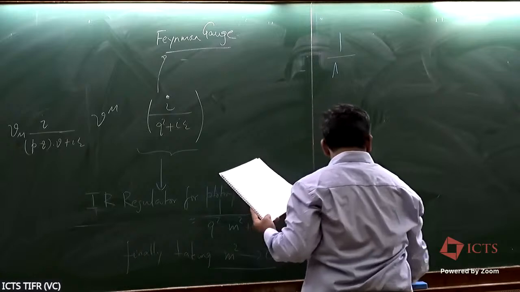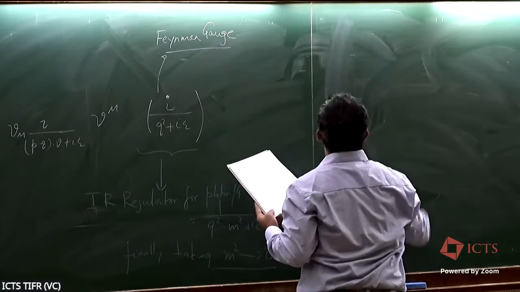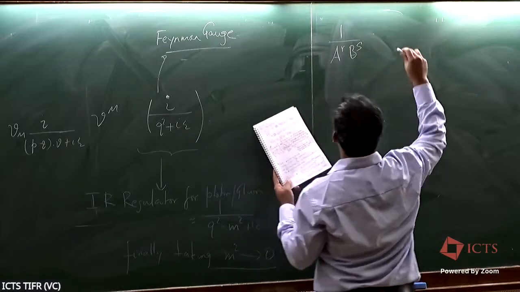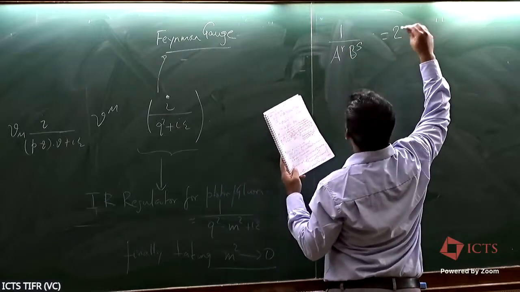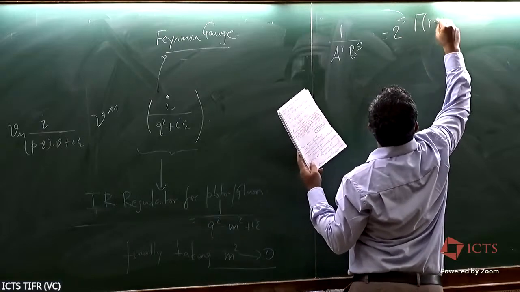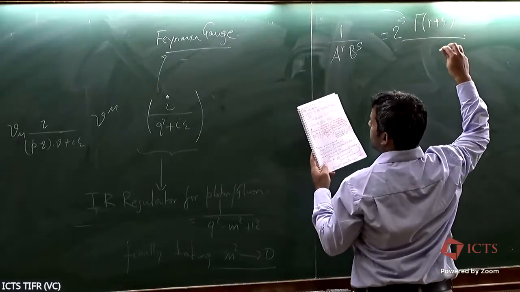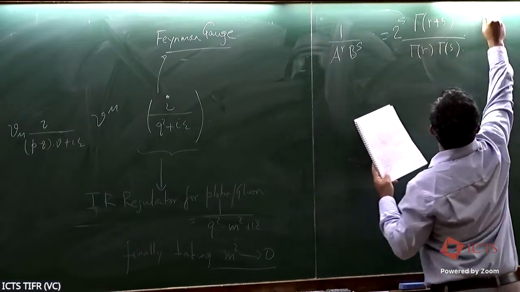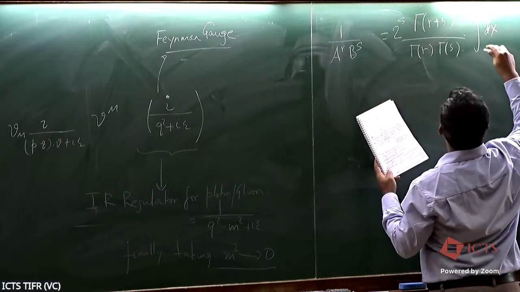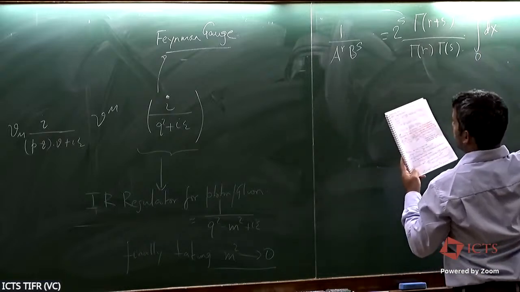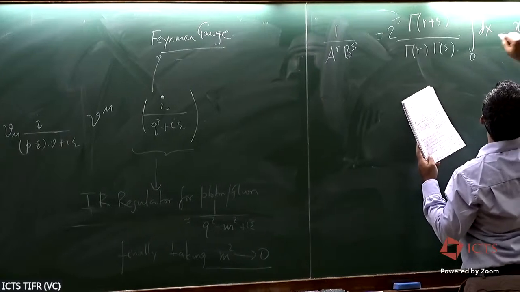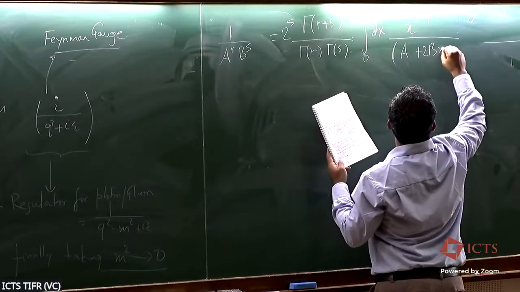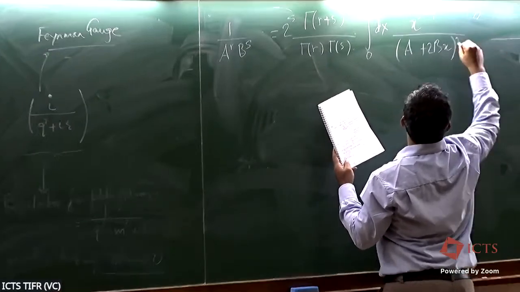So you use the relation that 1 by A^r B^s equals 2^s Gamma(r plus s) divided by Gamma(r) Gamma(s), the integral dx from 0 to infinity, of x^(s minus 1) divided by (A plus 2Bx)^(r plus s).